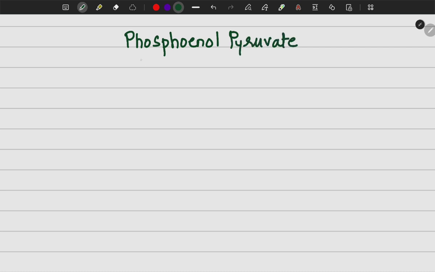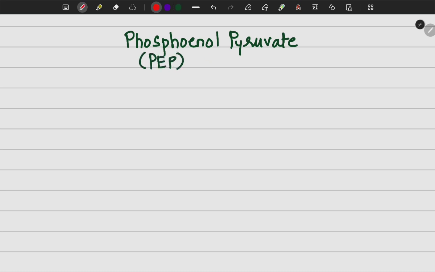So in the C4 cycle, the first acceptor, the primary acceptor of CO2 is phosphoenol pyruvate, or PEP.